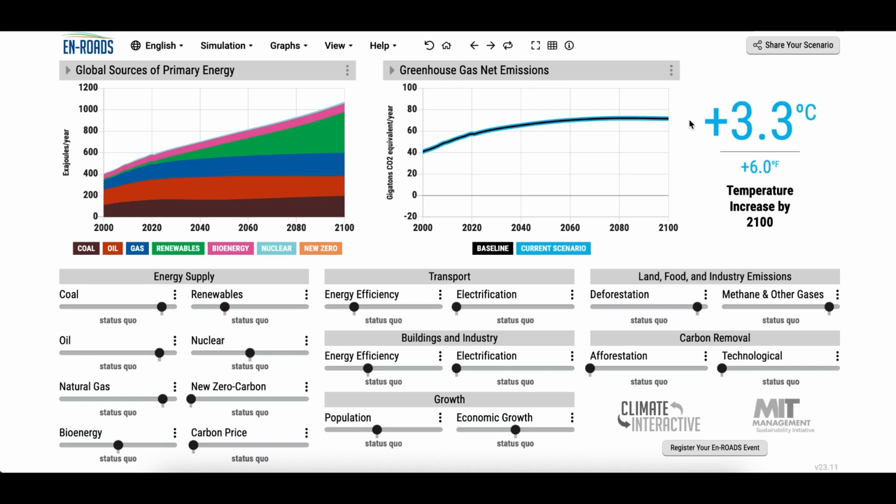So, in 2015, world leaders from all over the world gathered at what's called the Paris Climate Accords, where they agreed that they were going to pursue efforts to keep the global temperature increase no more than 1.5 degrees Celsius. So what does this mean?